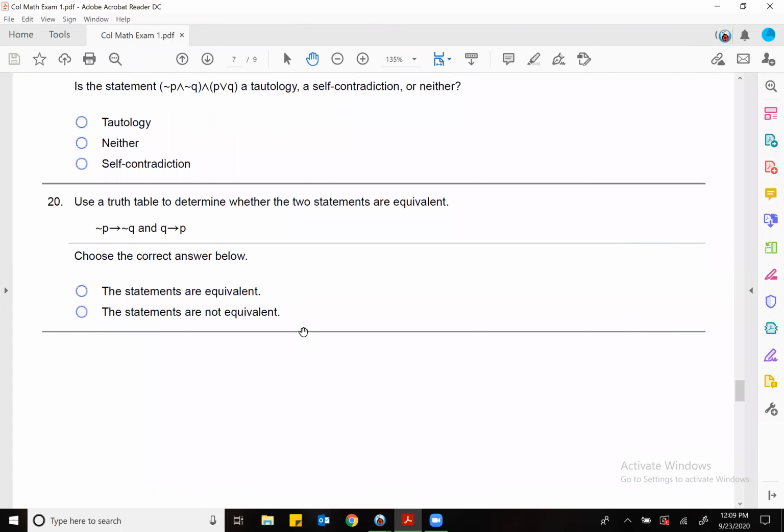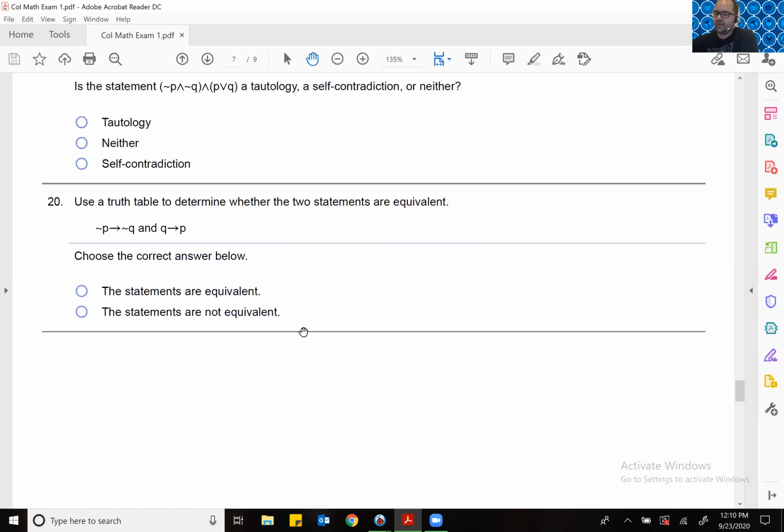All right. So the next one wants to know, are these two statements equivalent? In order to do that, the easiest thing to do is set up a truth table.